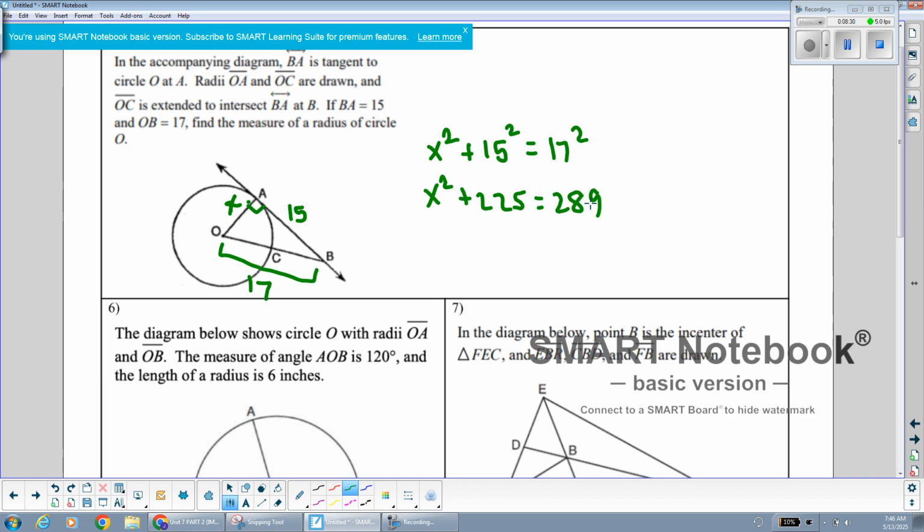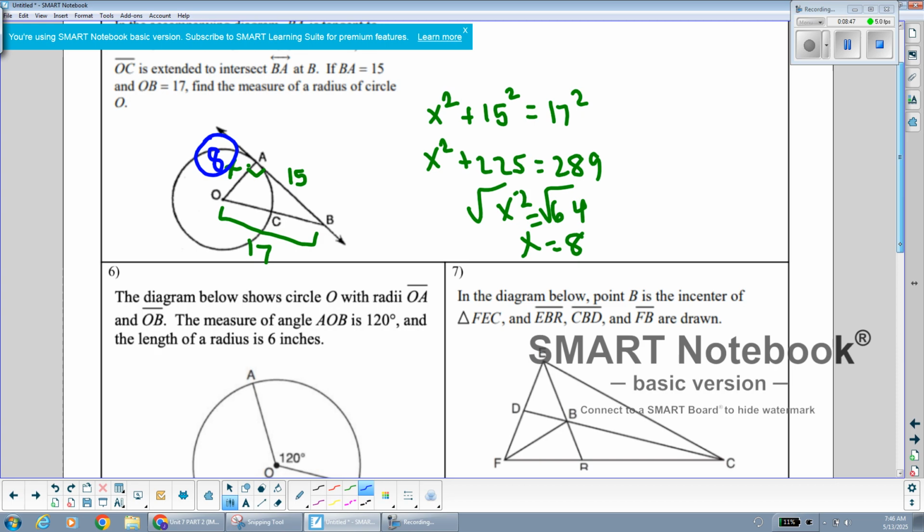I'm going to subtract 225 from 289, and I have x squared is 64. And if I take the square root of both sides, I have that x is equal to 8. And the radius is represented as x, so that is 8. So the radius is 8.